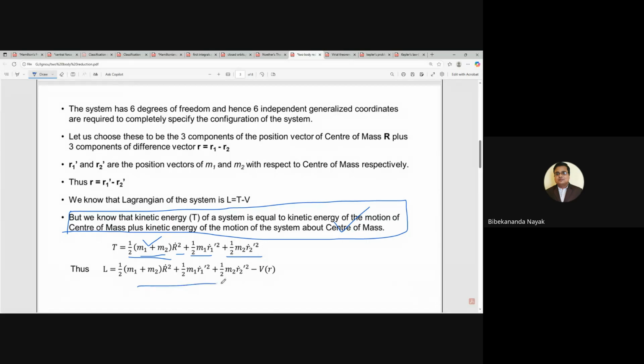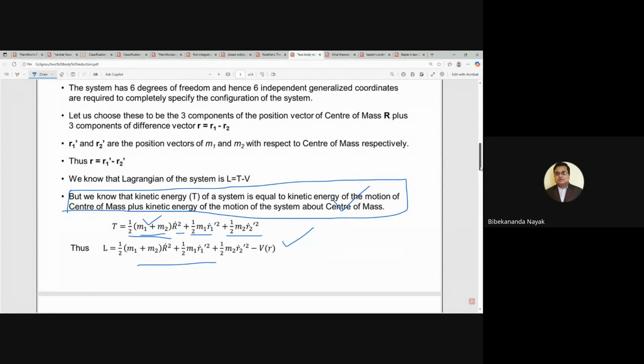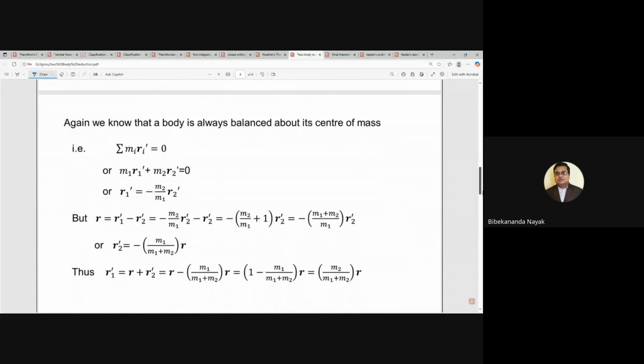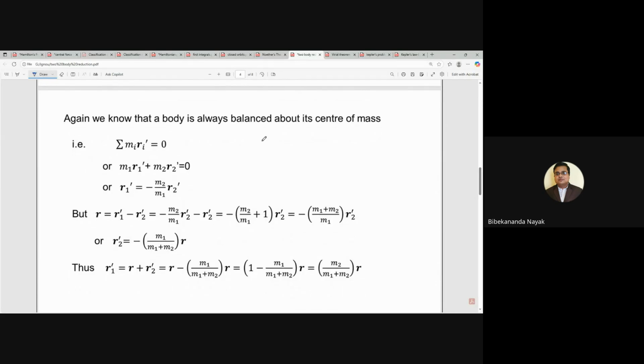So Lagrangian is equal to T minus V. Now in place of r1 prime and r2 prime, we use r to solve. A body is balanced about its center of mass or center of gravity. That means the sum of m_i r_i is equal to 0.